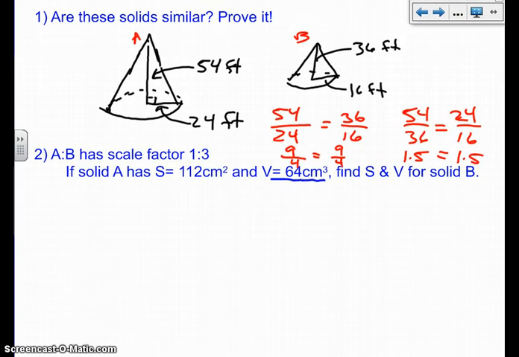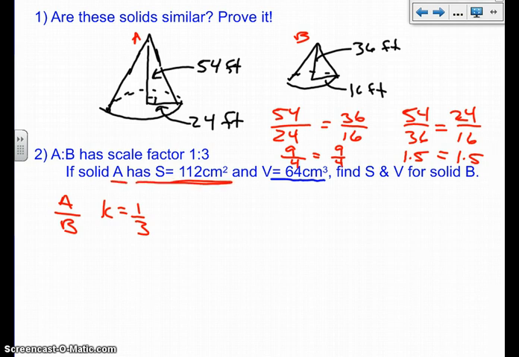Okay, so if A to B has a scale factor of 1 to 3, we can write A to B a different way. How can we write it? Juliana? A over B. Good. A over B is how they're setting things up here. A over B, they're saying, has a scale factor K of 1 over 3. Then they're telling us A has a surface area of that.